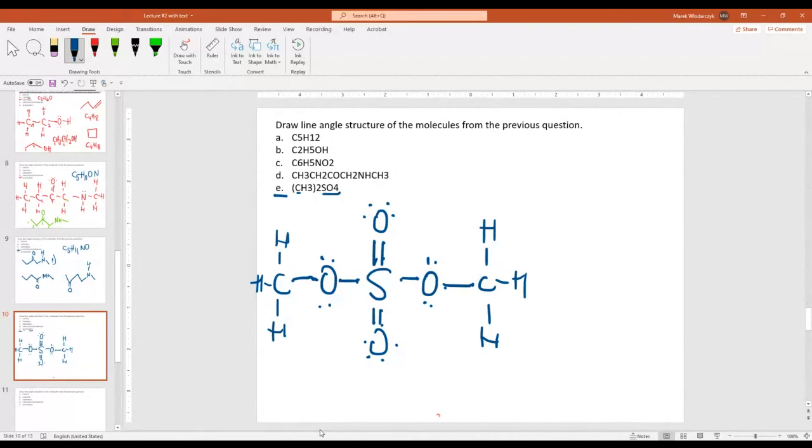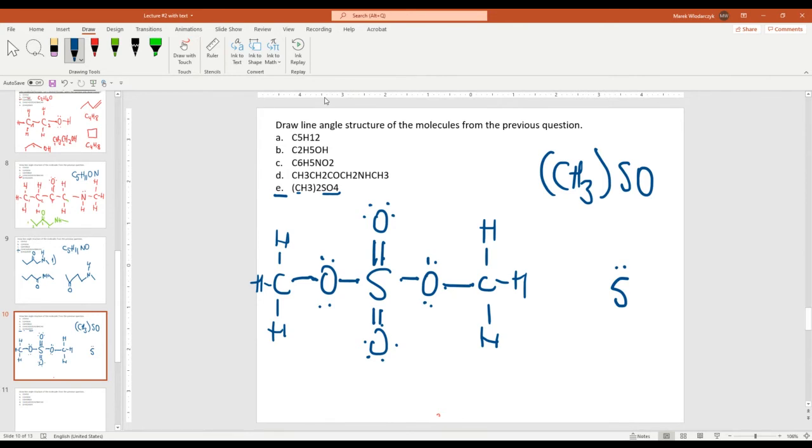So if you compare this to, for example, this molecule, CH3SO, now you have a slightly different situation, because now you have a sulfur that is the central atom.